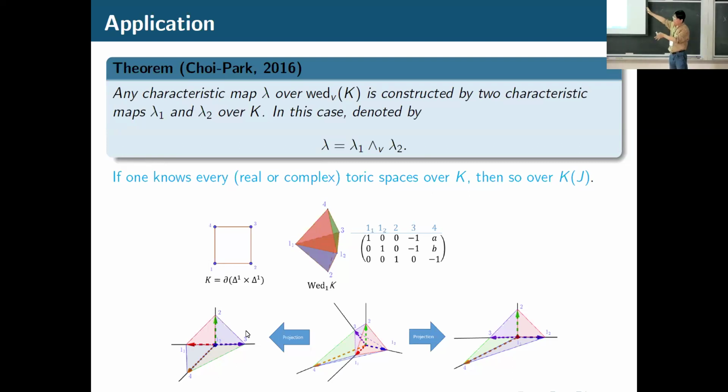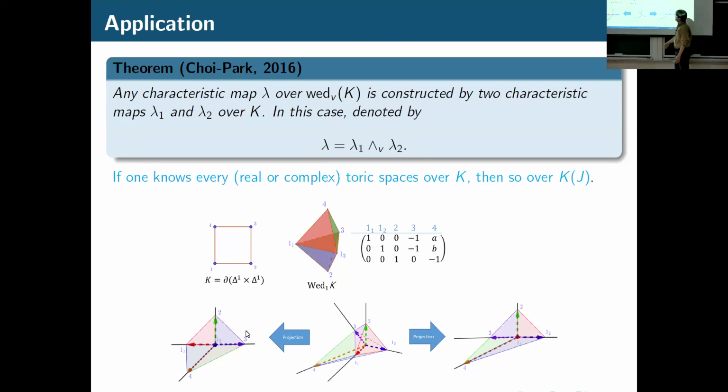considering the existence of characteristic maps, but also for the classification of characteristic maps. This was also mentioned by Hunter in his talk, but let me say again. If you have some K, for instance, the square, and take a wedge operation at vertex 1, then you obtain this one, right? So replace this vertex by the interval 1, 1, 1, 2.